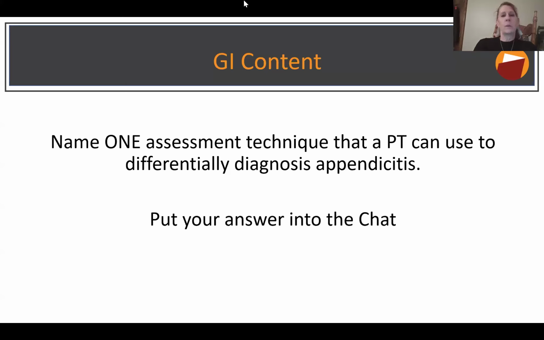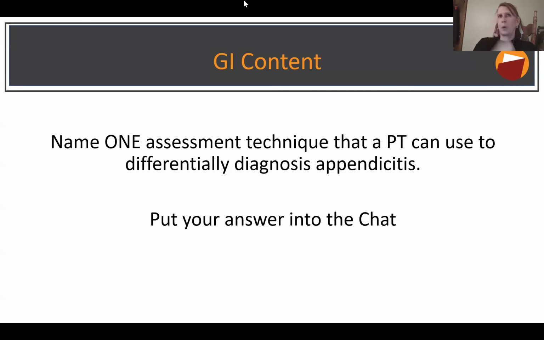If they have a history of appendix bursting, is it common for them to have symptoms later in life similar to a peritonitis? Ooh, that is a really good question, and I do not know the answer to that. So if they've had an appendix burst in the past, could they have symptoms later? I would say probably not later in life.